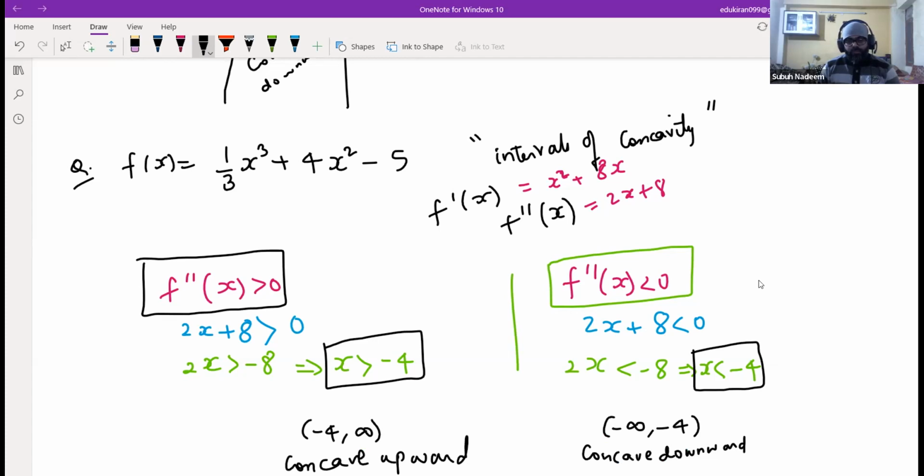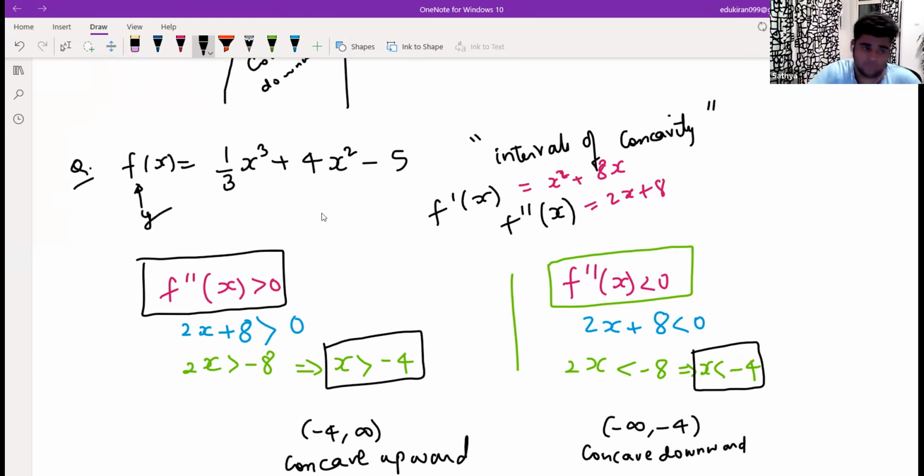Will the y always be infinity? No, not y. x is less than minus 4. Y is f(x), this is y. The points minus 4, infinity and minus infinity are on the number line.